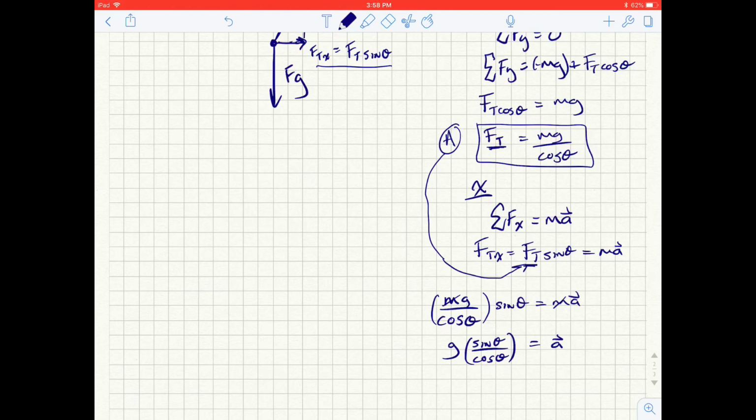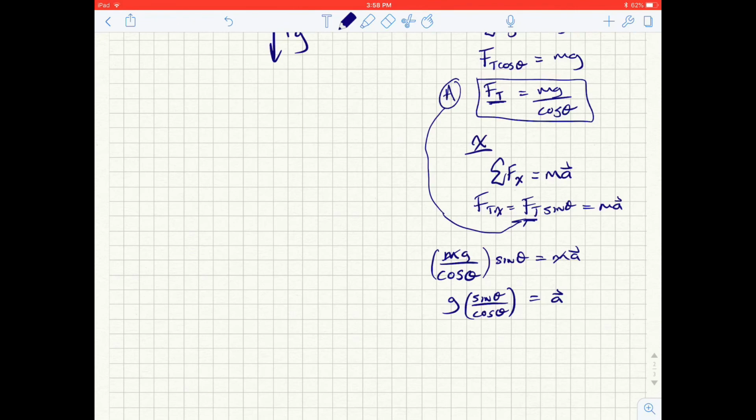And then you may realize that we do know theta. Our theta is 10 degrees. So we have little g multiplied by the sine of 10 degrees divided by the cos of 10 degrees. Some of you may realize, well, the sine of one angle divided by the cos of the same angle is equal to tan of that angle. And that's equal to acceleration.